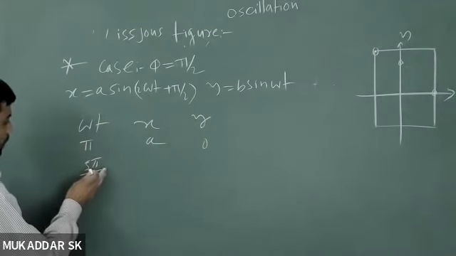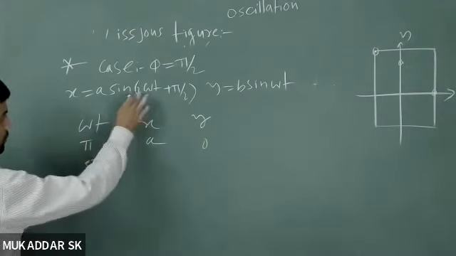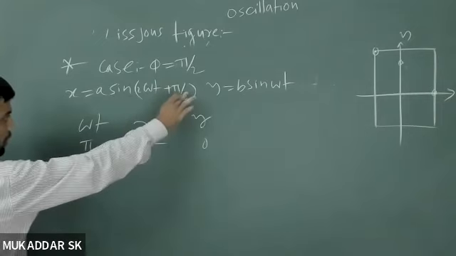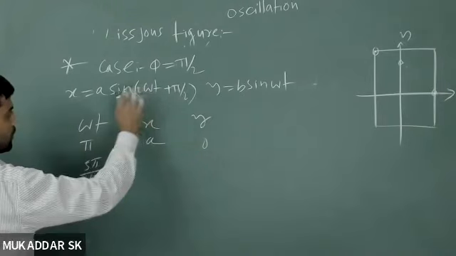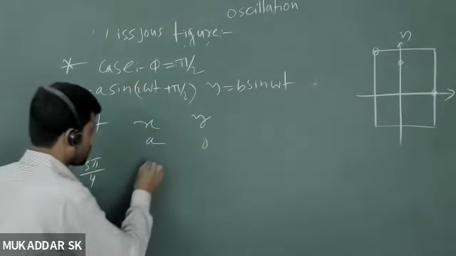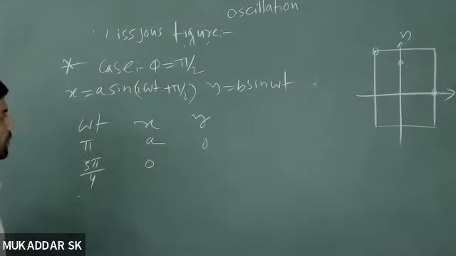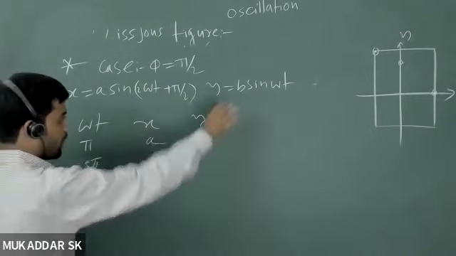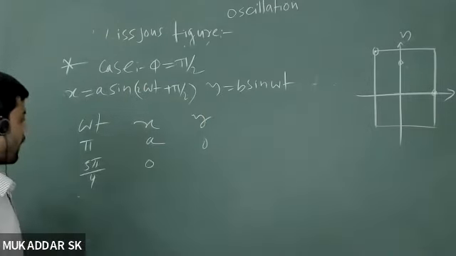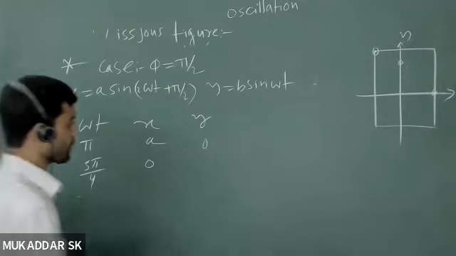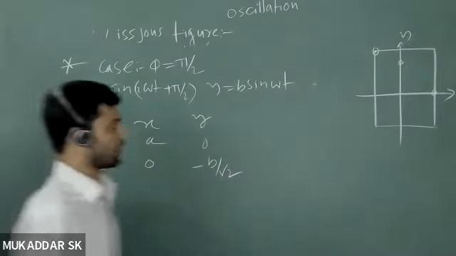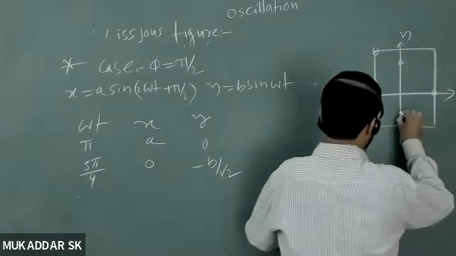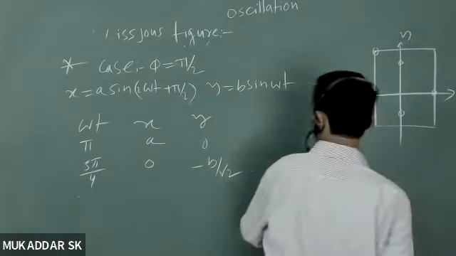Omega t equals pi by 4, so it will become 5 pi by 2. You have pi by 2. 6 pi by 2 means how much? It is 3 pi. What is the value of sin 3 pi? 0, right? And y will become how much? b sin 5 pi by 4. What does this mean? It is minus b by root 2. So where will this point come? It will come here. Okay.